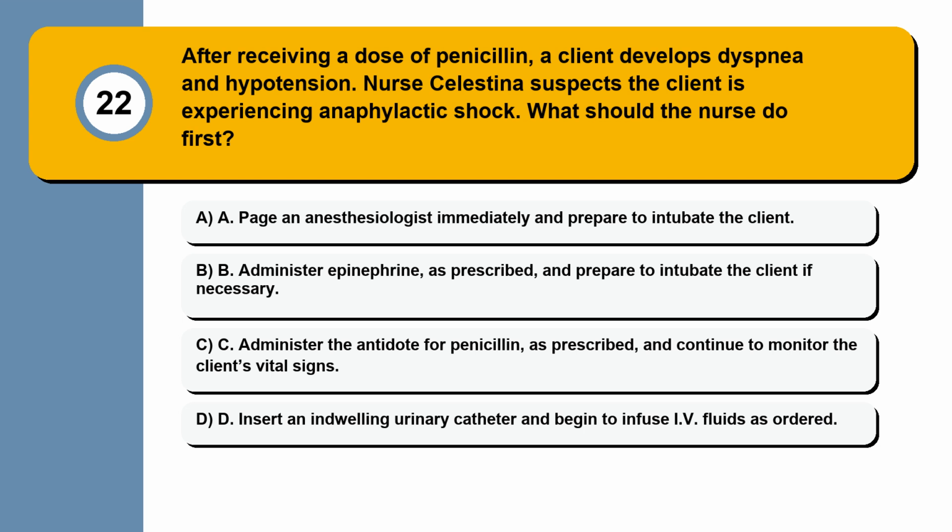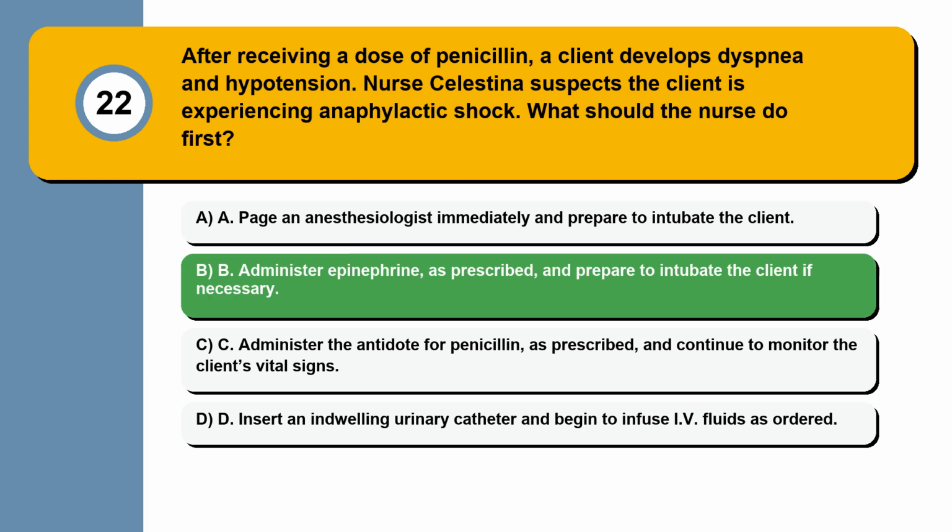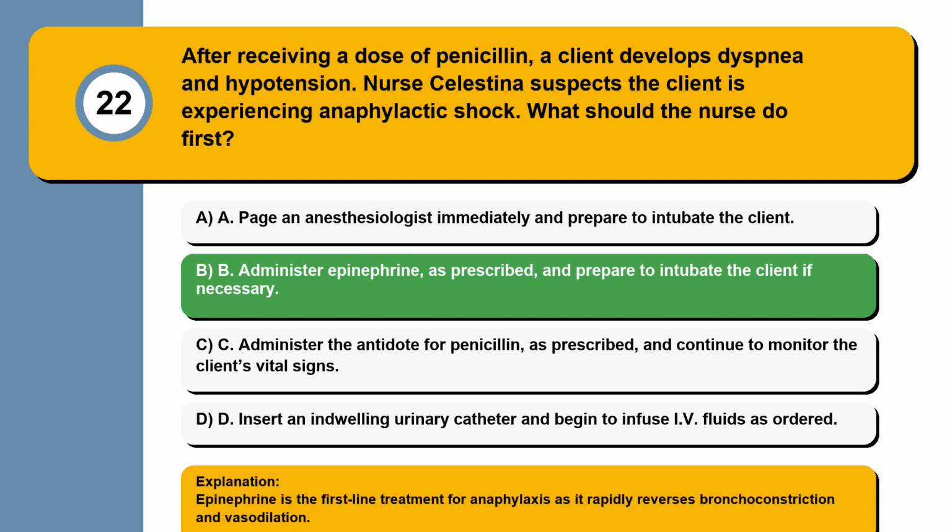C. Administer the antidote for penicillin, as prescribed, and continue to monitor the client's vital signs. D. Insert an indwelling urinary catheter and begin to infuse IV fluids as ordered. Epinephrine is the first-line treatment for anaphylaxis as it rapidly reverses bronchoconstriction and vasodilation.